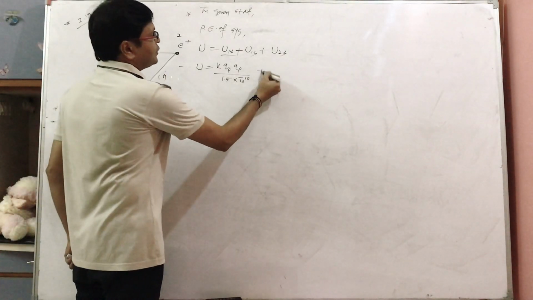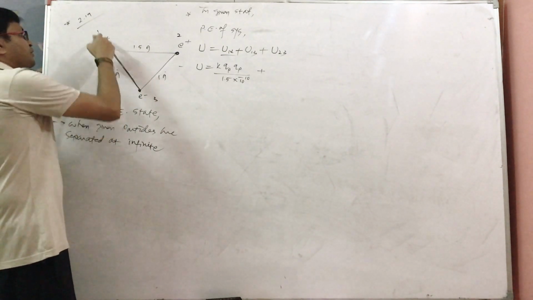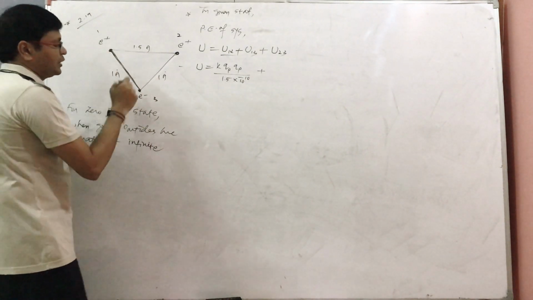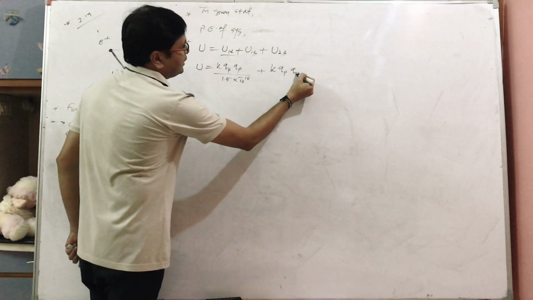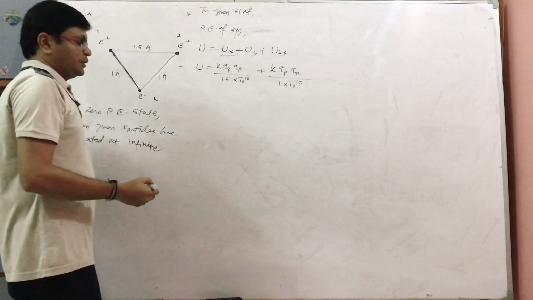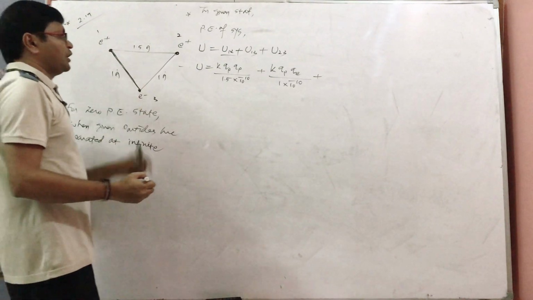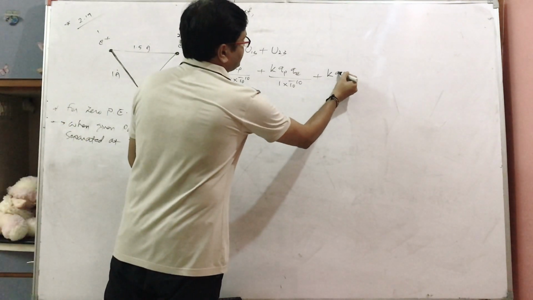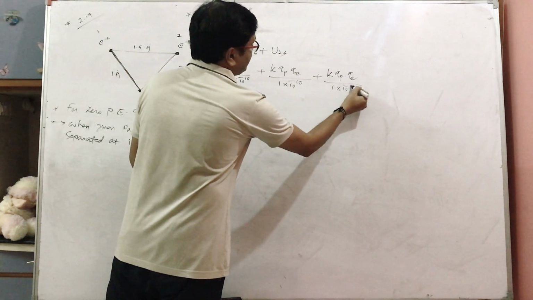Then U13, that is the energy of the system of particles 1 and 3, one proton and one electron. So I can write K, charge of proton, charge of electron, upon the distance between them, 1 angstrom. Then 2 and 3, it is proton and electron again. So K, charge of proton, charge of electron, upon 10 raised to minus 10.